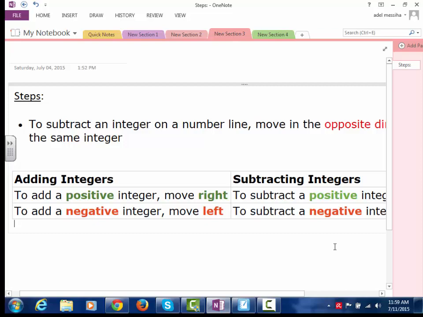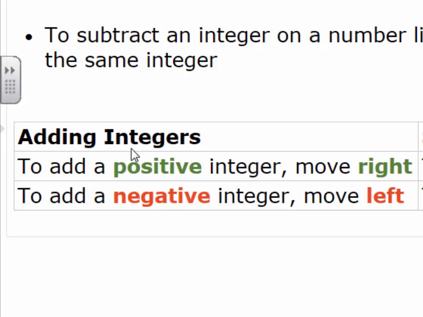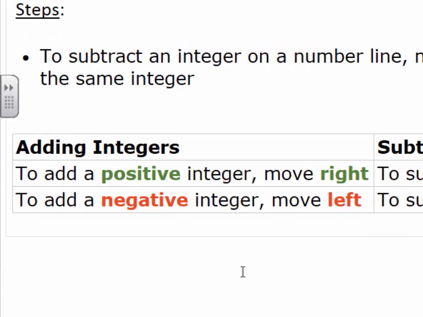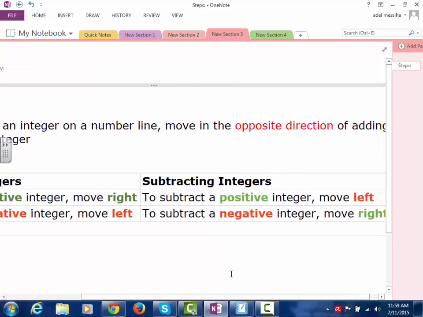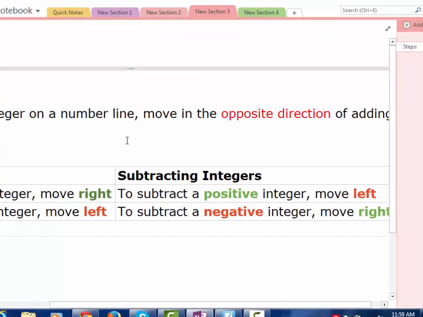In lesson 1, we saw adding integers. We said if I'm adding a positive integer, I move to the right. Can you see green? Because positive, I move to the right. This is what we got in the first lesson. And if I'm adding a negative integer, I move to the left, so I do it with red. Now, because to subtract an integer on a number line we move in the opposite direction of adding the integer, we're going to take exactly the opposite.